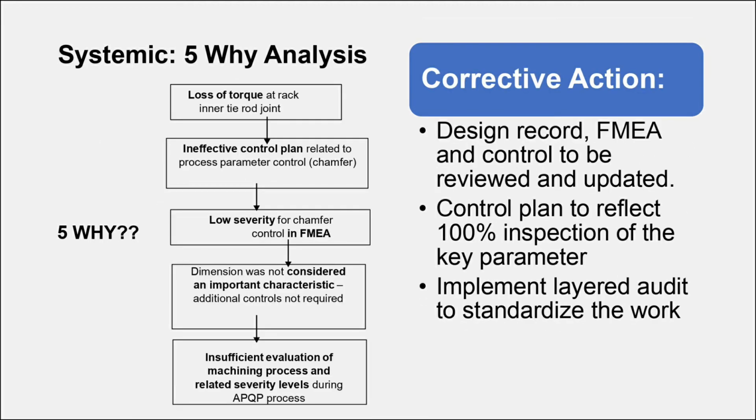Now coming to the third thing, which is about the systemic failure. We also did the root cause analysis with 5 why, and the final why that came out was related to the insufficient evaluation of the machining process and the related severity levels during the APQP process. That was the final root cause we identified. So what can be the possible action that we can take? One is that we can review our design records, FMEA, and the controls, and then update them as per the requirement.